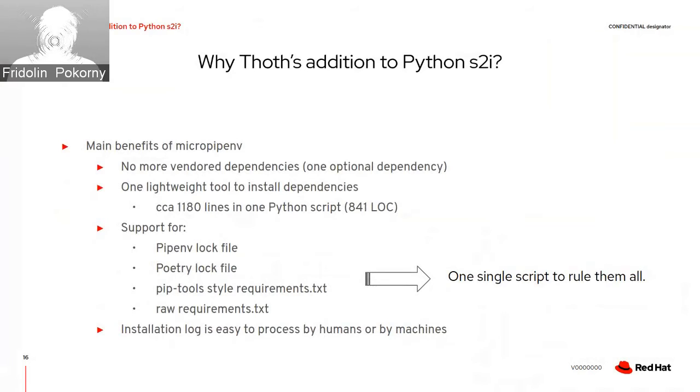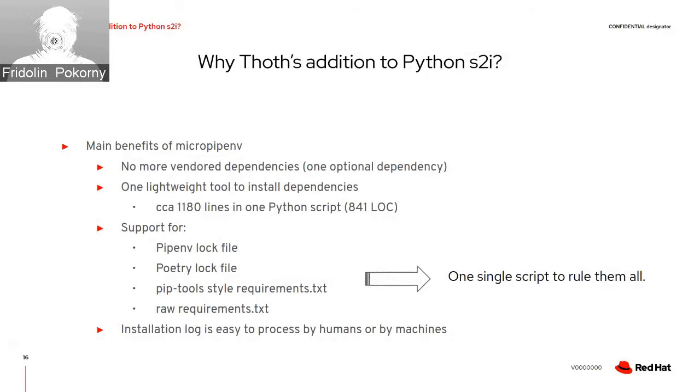And micropipenv is a lightweight tool, as stated before. You can find everything written in a single Python script that has more than 800 lines of code. And if you also count comments and license headers, it has 1,200 lines of code. So it's a really lightweight tool.